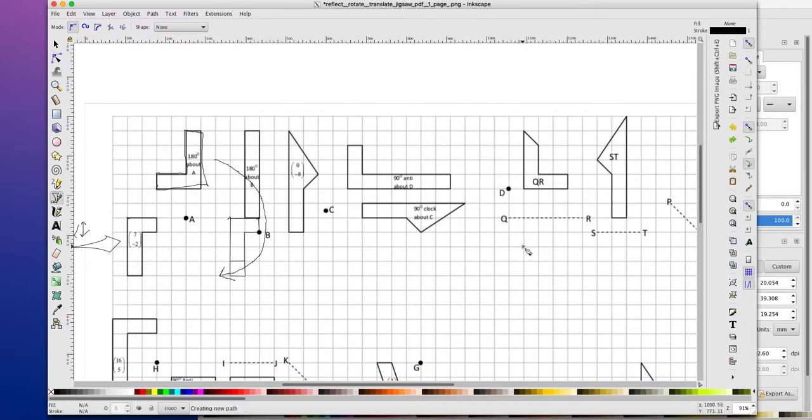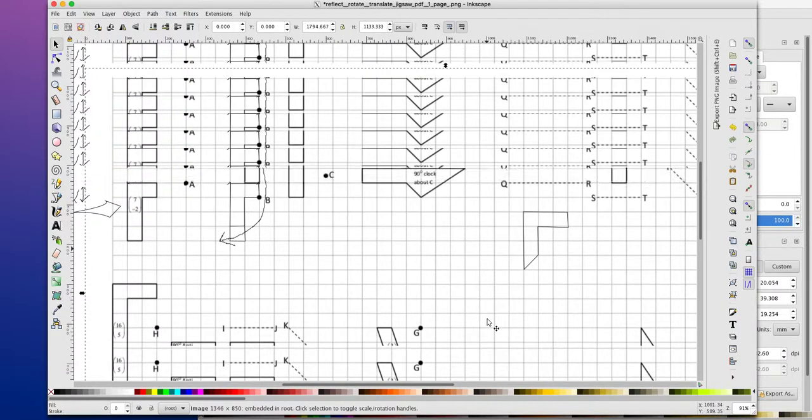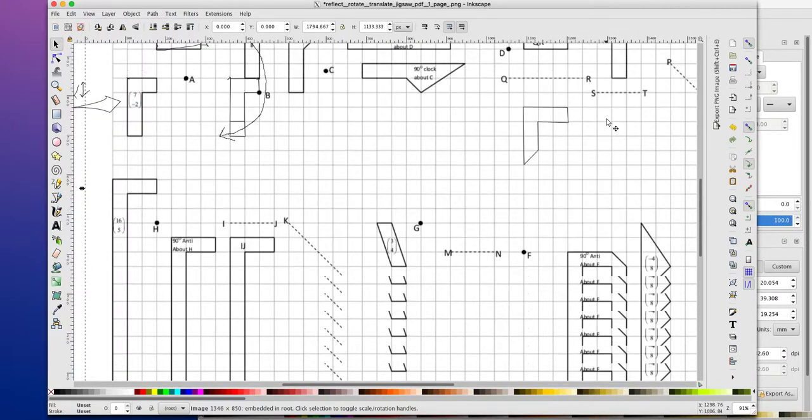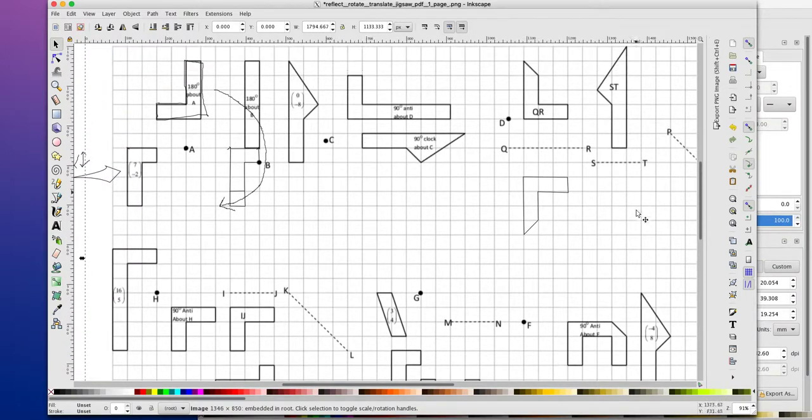So I go like that, and it goes down 1, it goes across 2, goes up 2, and then it goes little diagonal and like that, and that would be my shape. Okay, so what you do is you do that to all of the shapes that are on here, and then what it does is it spells out a little bit of a message on here for you guys when you're finished.